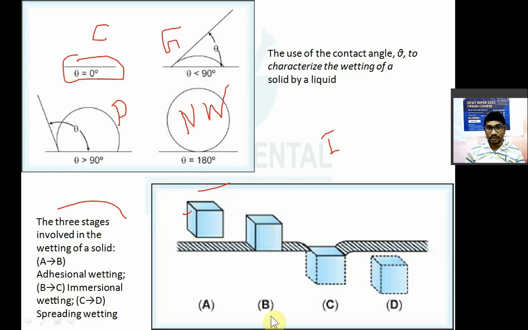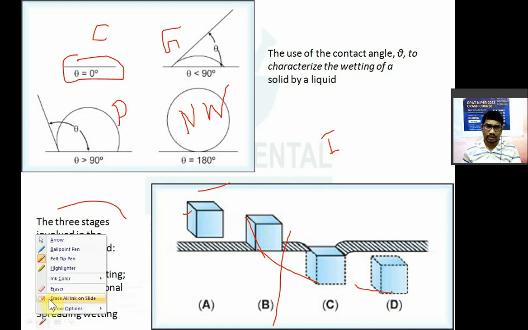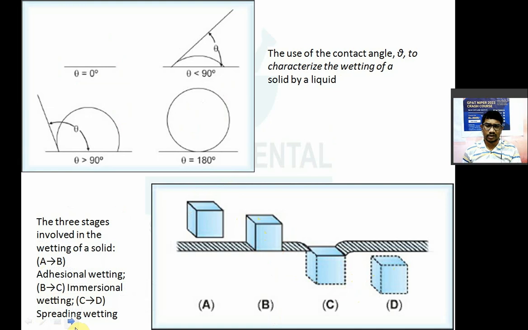B is क्या है, B decrease in the solid liquid interface known as adhesive wetting. Transformation from B to C. When there is a complete layer of liquid on the solid, known as immersional wetting. कैसे wet होता है? If you want to read in, you can read from paper.